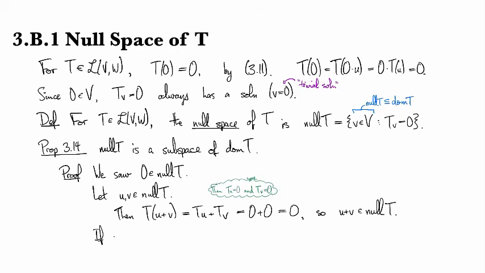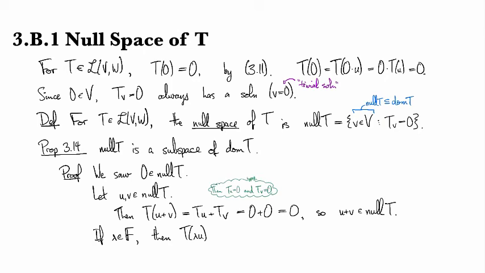So pick some scalar lambda. And then now I'm going to do the same thing. I'm going to look at T of lambda u, because I want to see that lambda u is in the null space, which means I need to check that T of it goes to 0. So I just apply T to it and see what we get.